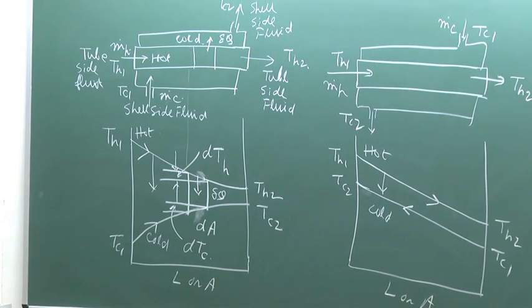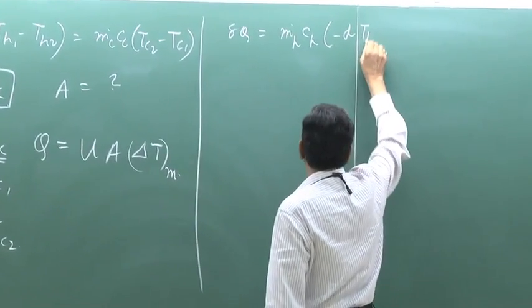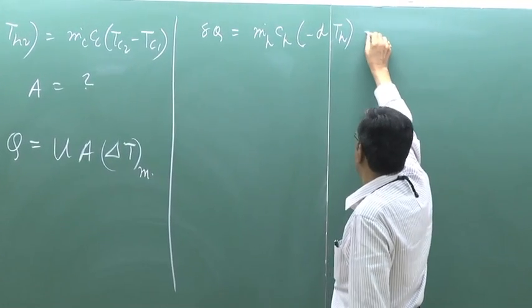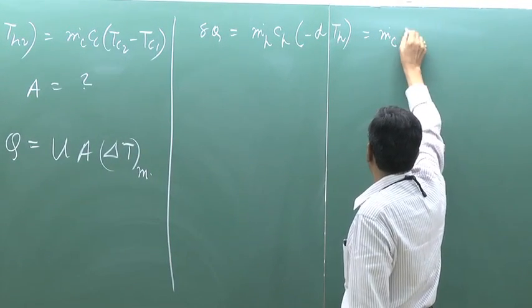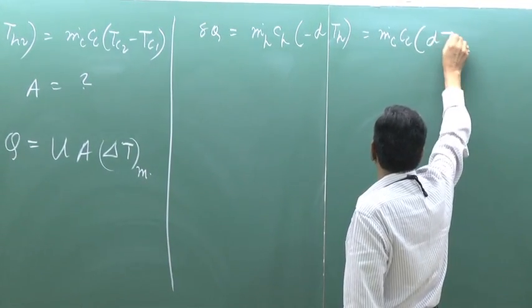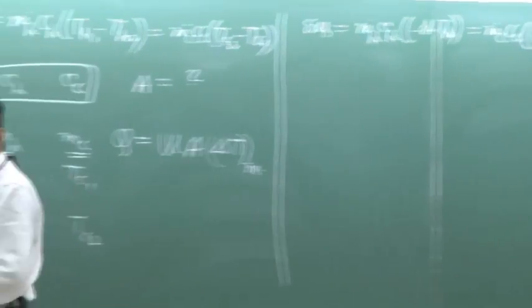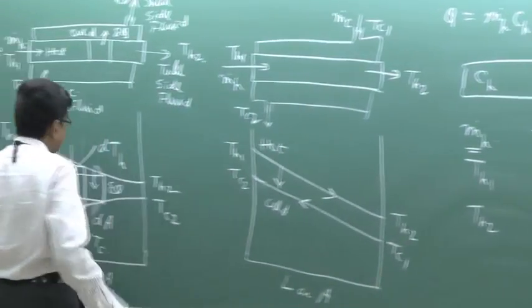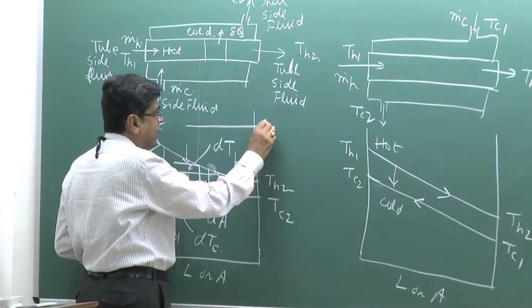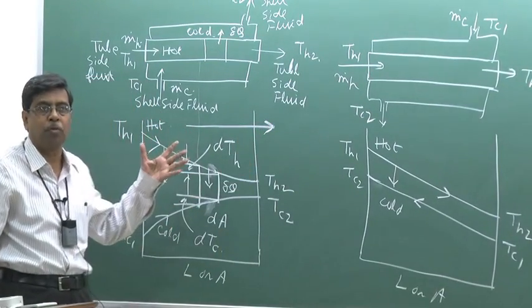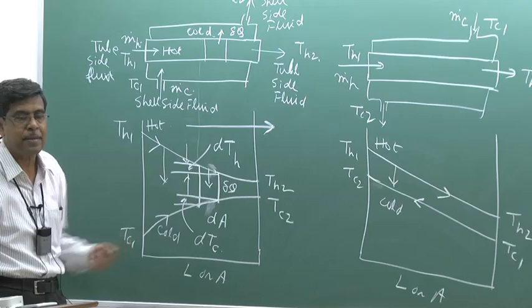Then we can write that delta Q is equal to m dot H CH into minus dTH, because TH is decreased, which is equal to m dot C CC dTc. This decrease and increase of temperature is with reference to one particular prescribed direction, and here the prescribed direction in a parallel flow is the direction of flow, because both fluids are flowing in the same direction.